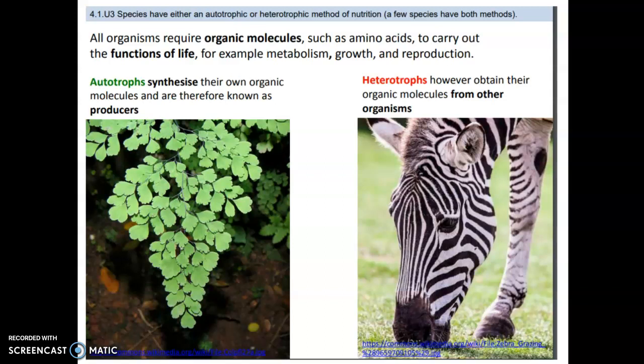Photosynthetic autotrophs take in the sun's energy and produce organic molecules, and are therefore what most plants fall under. Okay, heterotrophs, on the other hand, obtain their organic molecules from other organisms. So whether it's a plant eater, a meat eater, some combination of both, a decomposer, they are considered heterotrophs because they're getting their organic molecules from other organisms.